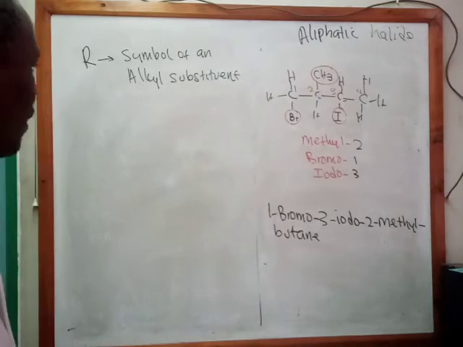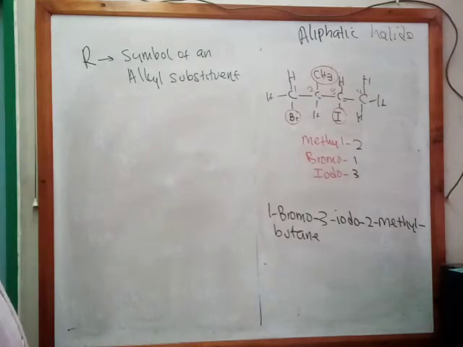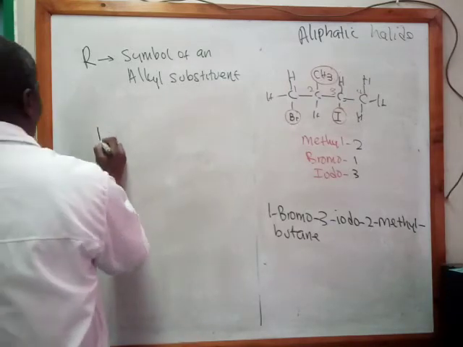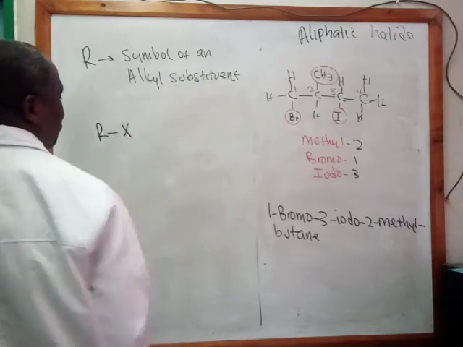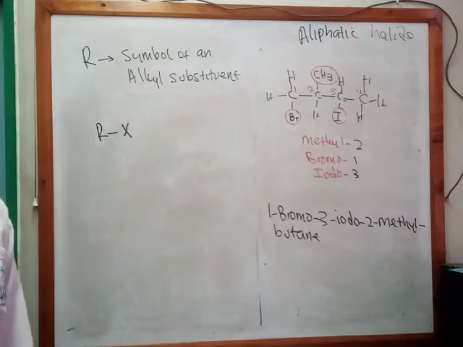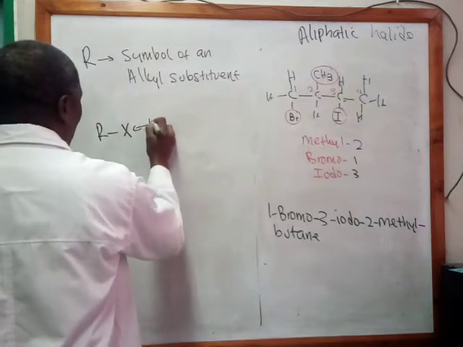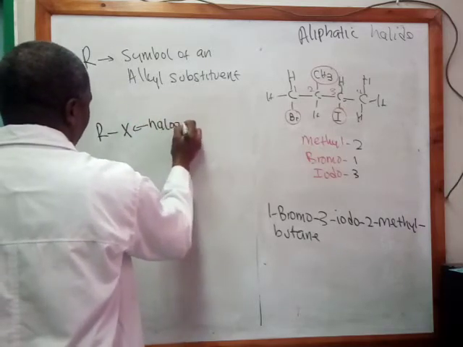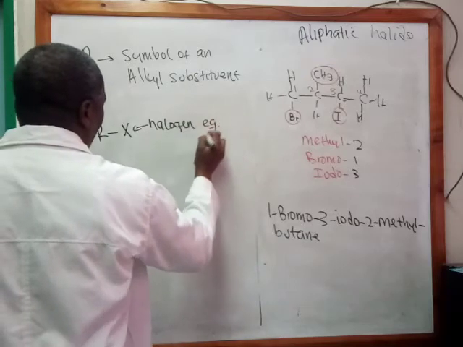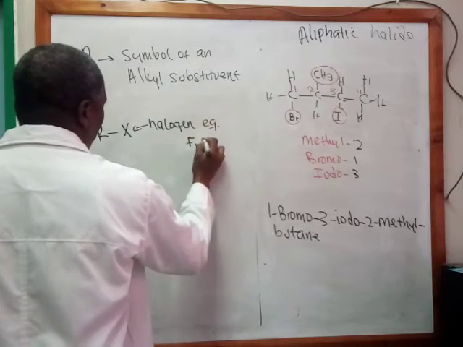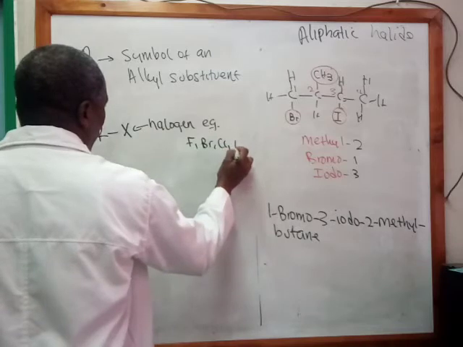For example, if I've got RX, here X is a halogen, e.g. F, Br, Cl, or iodine.